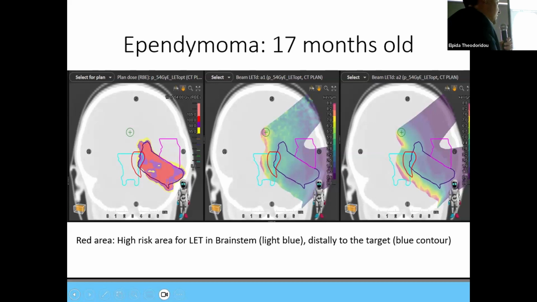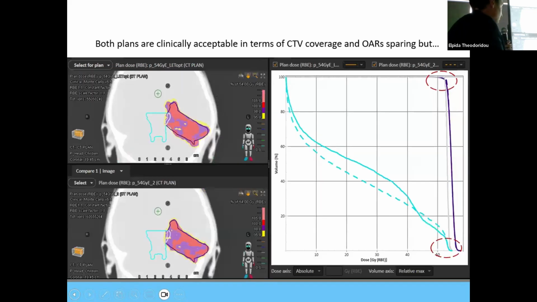I depict in red a high-risk area for the LET because it's not a clinical structure but a physical structure, and this is inside the brainstem. So we have to manage this part. And if we have two options, the upper one is the LET optimized plan.